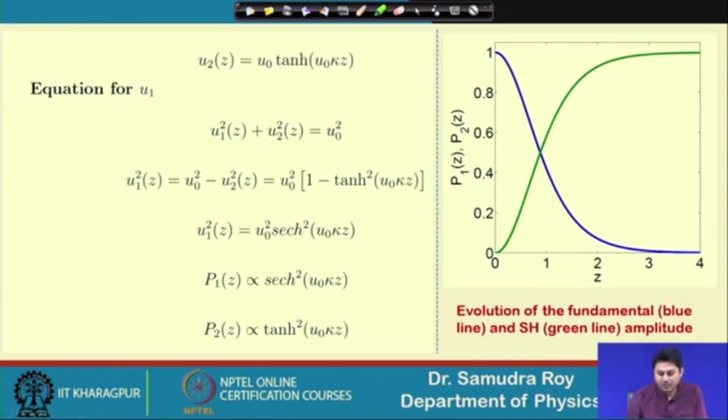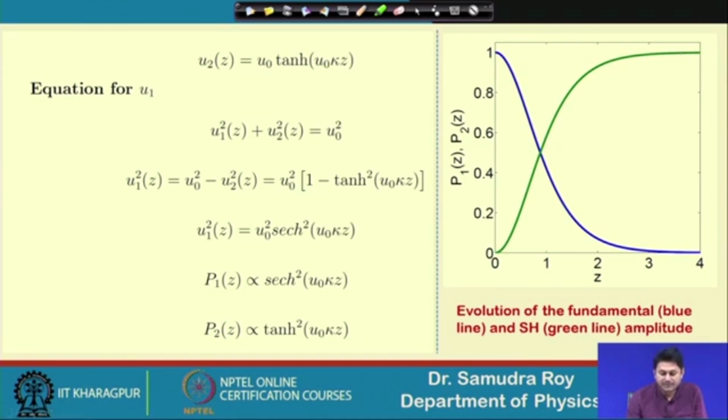Now if I plot together, we find that this blue line shows how the fundamental wave is going to decrease as a function of z, and as a result the energy is coming from this to this, and the second harmonic wave is evolving to a maxima and then saturates.